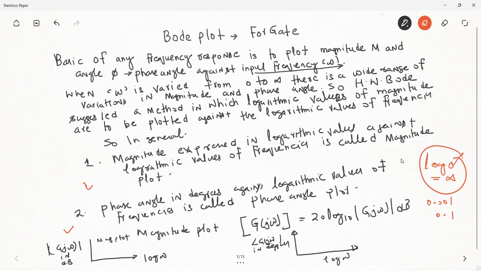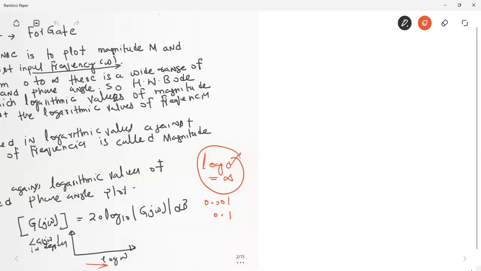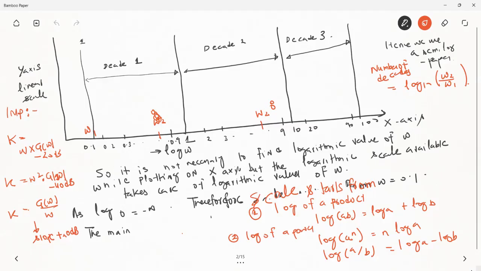So in a Bode plot, what happens exactly? The magnitude of any transfer function is expressed with logarithmic values of frequency, and the phase of that function is expressed with the logarithmic values of the frequency. And now to understand the Bode plot, we will be utilizing a semi-log paper. In the semi-log paper, we have the y-axis on a linear scale, but the x-axis is on the log scale.